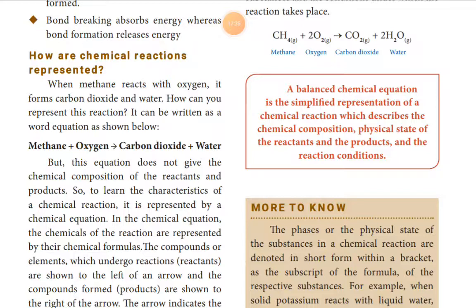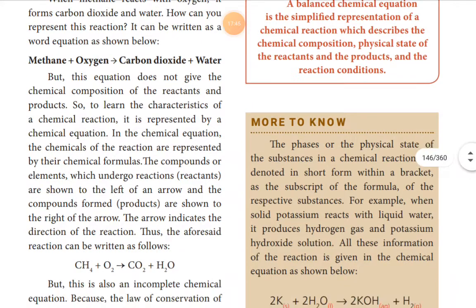The substances on the right hand side of the arrow mark are products, carbon dioxide and water. This arrow mark indicates the direction of the chemical reaction. So the reaction can be written as follows: CH4 methane plus oxygen gives carbon dioxide and water.